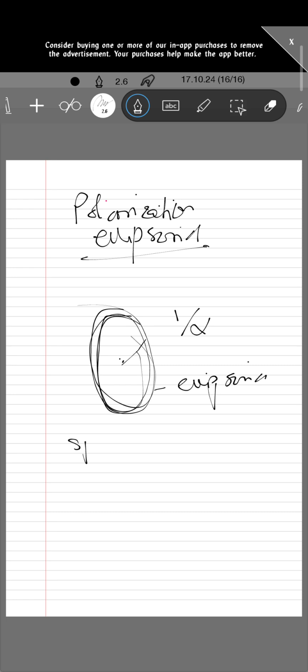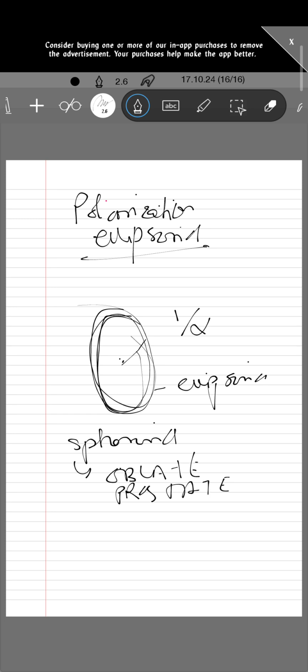or a spheroid, which can be an oblate, a prolate spheroid, like in the shape of a rugby ball, then it means that the polarization change is not symmetric, it's not isotropic in nature, and that may indicate that the material is Raman active.